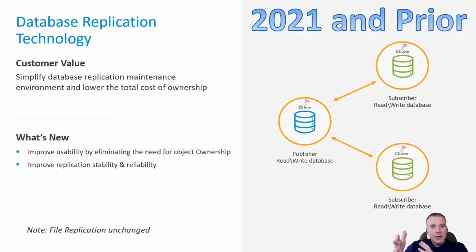Most notably, and most user-facing, the idea of object ownership, where your database had to own a record before you could modify it. And if for whatever reason the connection between the publisher and the subscriber went down, you couldn't claim ownership of that record.